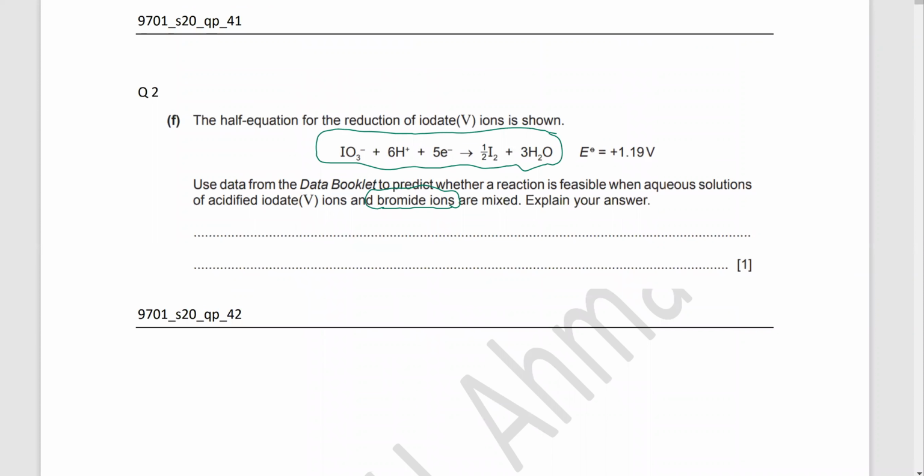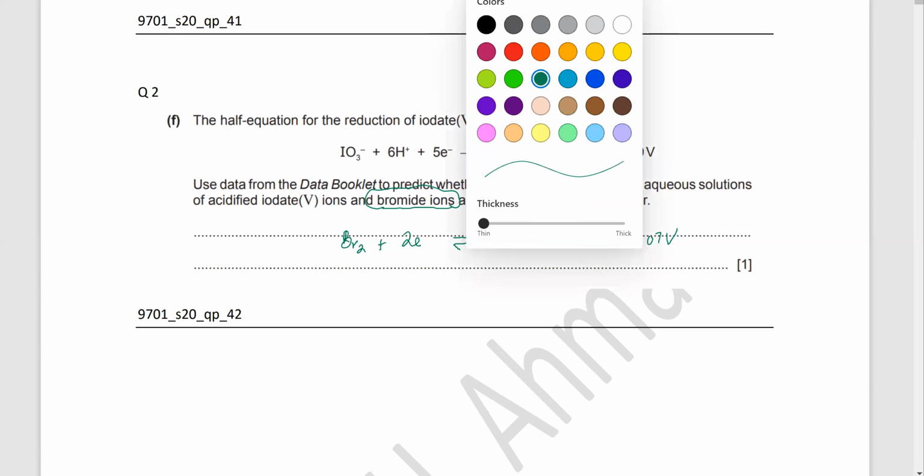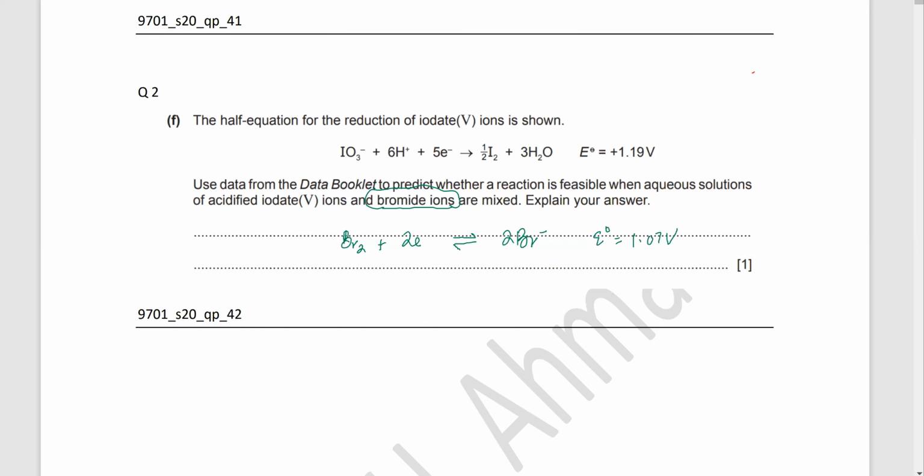So I'm going to write this equation, Br2 plus 2 electrons, in equilibrium, forming 2Br minus 1, and the E0 is 1.07 volts. So what's the rule? The higher potential is the one that gains electrons, the lower potential is the one that loses electrons.